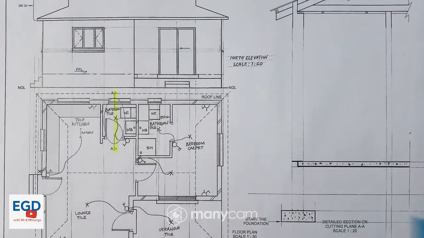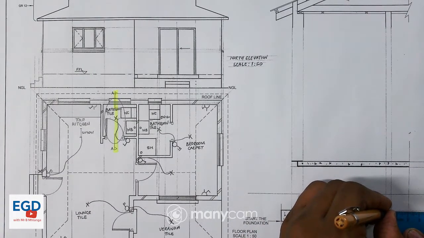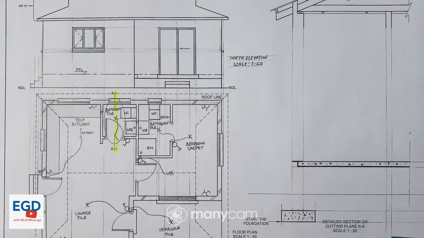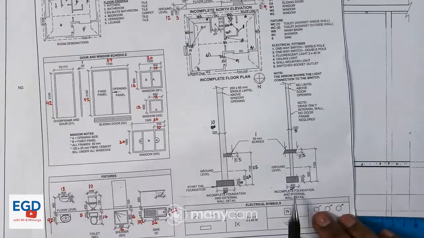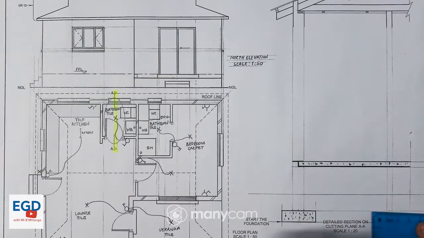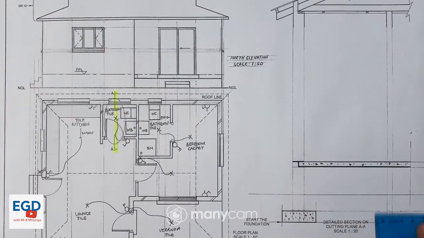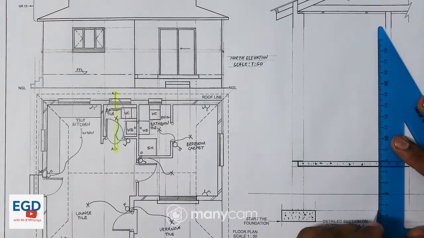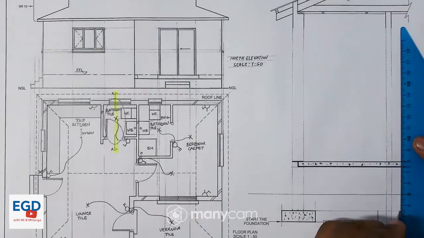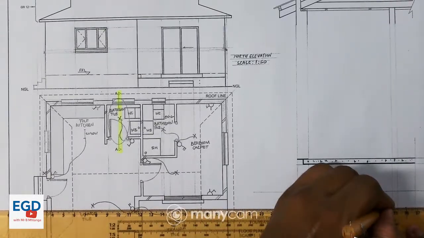Now because the thickness of this internal wall is 5, I'll mark a center point there, and remember the length of the foundation is 20, so from that point I'll mark 10 on my left, 10 on my right, just like that. So that means this will be my foundation.